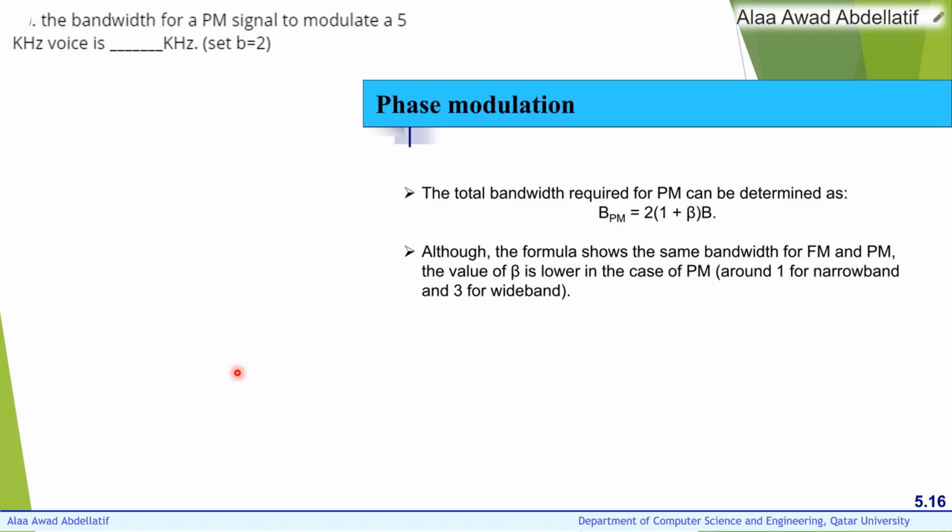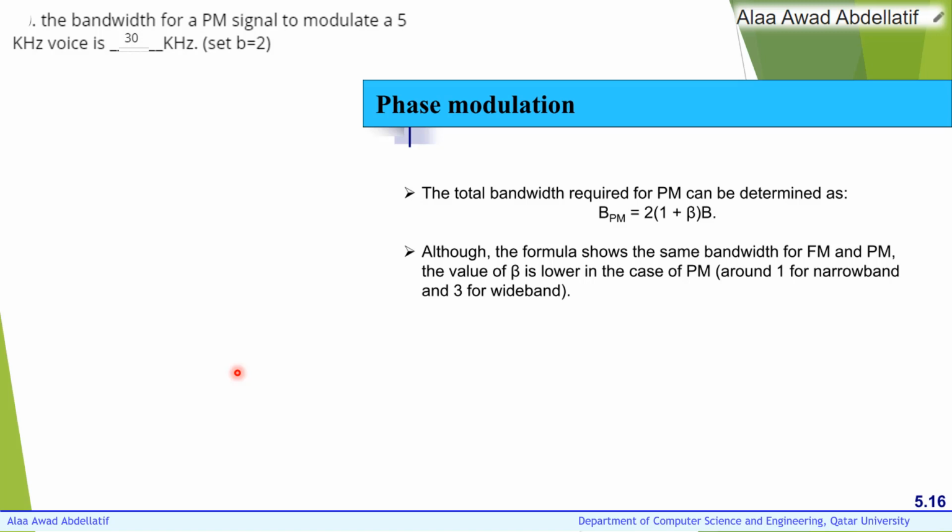What's B here? It's 5 kilohertz, I need to modulate a 5 kilohertz voice, and beta equals 2. So the bandwidth will be 2 times (1 plus 2), which is 6, multiplied by 5, giving 30 kilohertz.